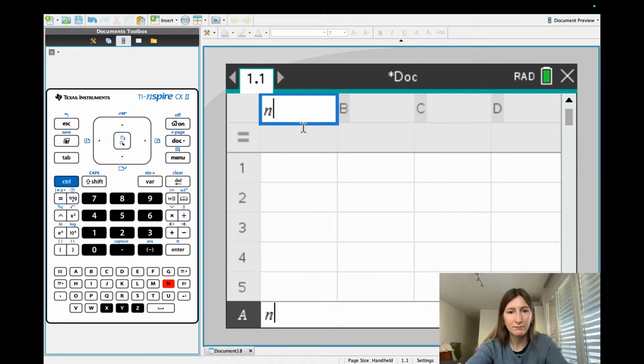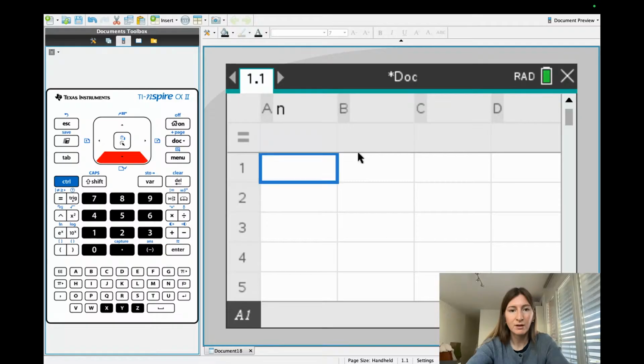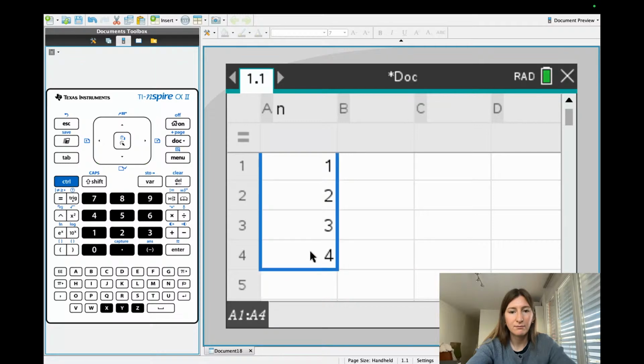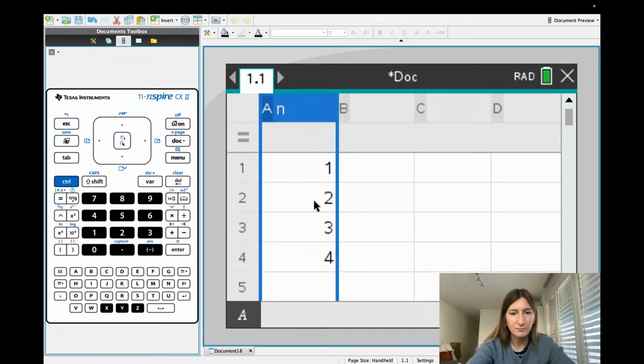This is my n column. Very important to label these in your calculator. It really helps. This equals bar. Don't put anything in there for now. This is when you want to put a function. So my values of n could be 1, 2, 3, 4. What we can do, shortcut.